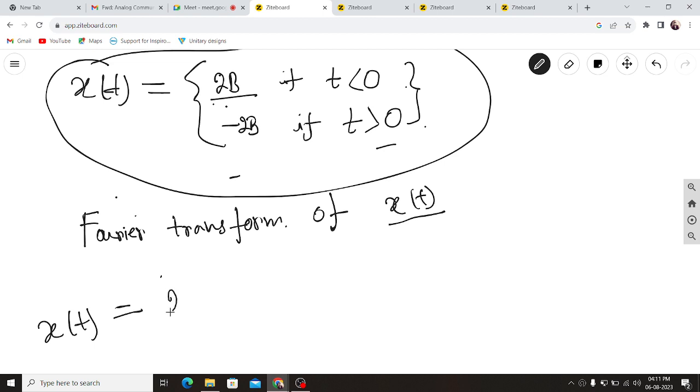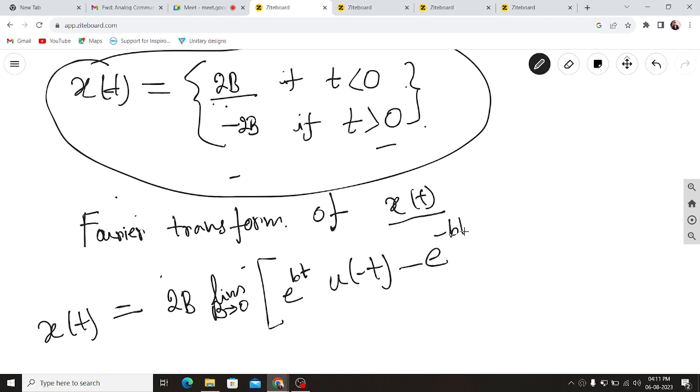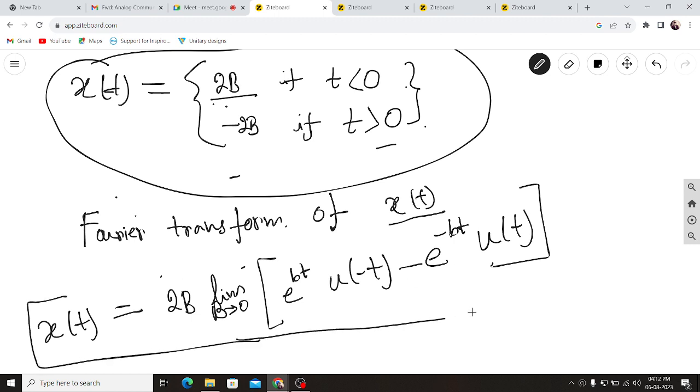This is equivalent to 2b limit b tends to 0, e to the power bt u of minus t minus e to the power minus bt u of t. Right? This is the function x(t).